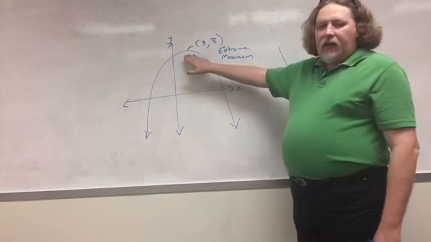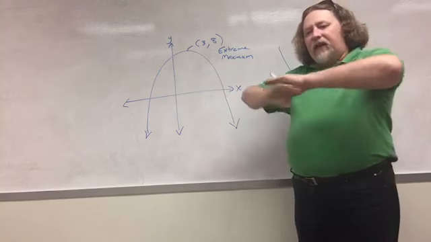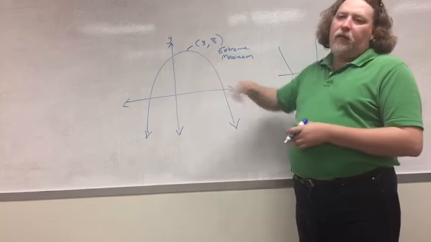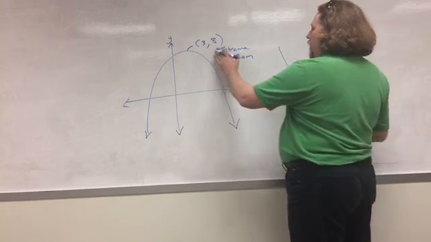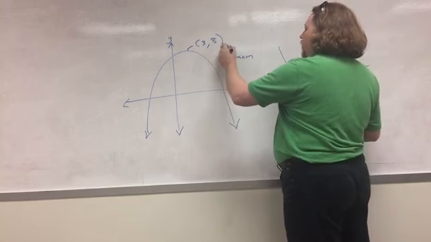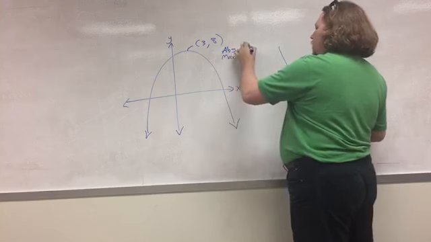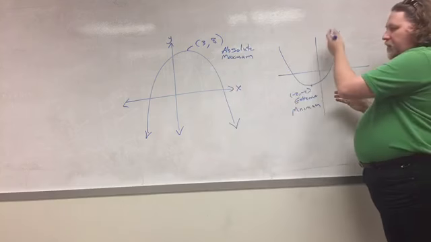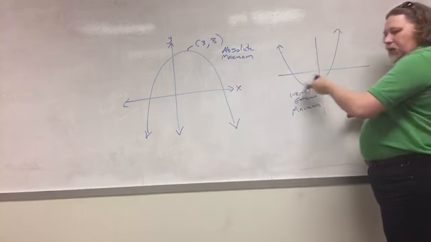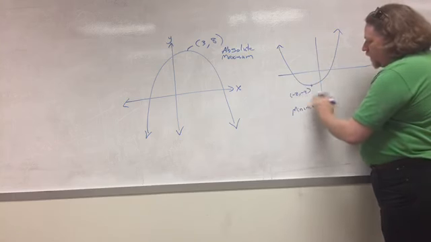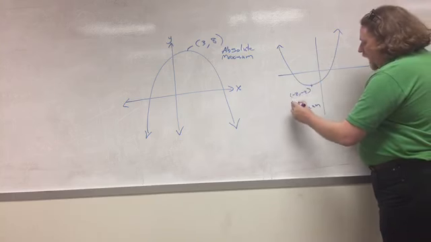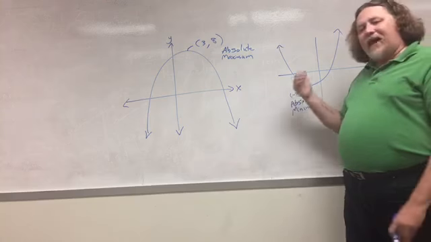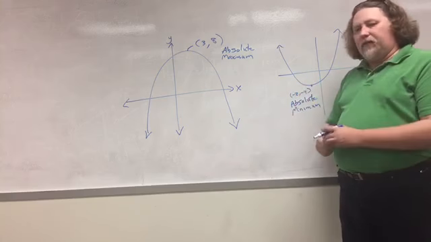If you hit a peak and it is the highest the graph ever hits anywhere, we call it an absolute maximum. So this isn't just an extreme, it isn't just a maximum, it is an absolute maximum. This isn't just a minimum, since it's the bottom of a parabola. Parabolas only have one bottom. This isn't just any old minimum, it is the absolute minimum. As in, the graph absolutely never goes lower than that.